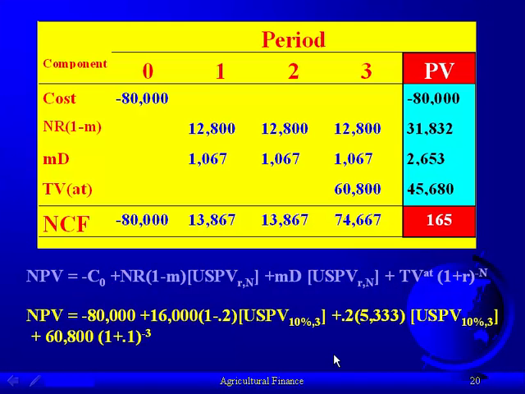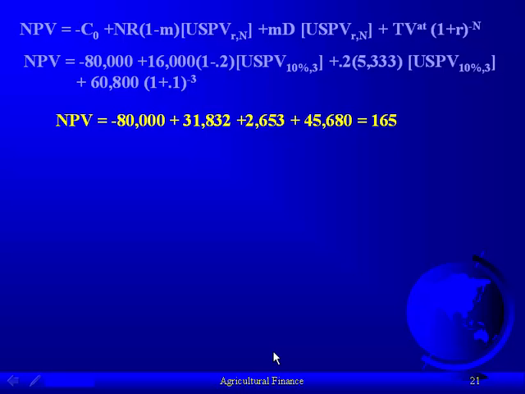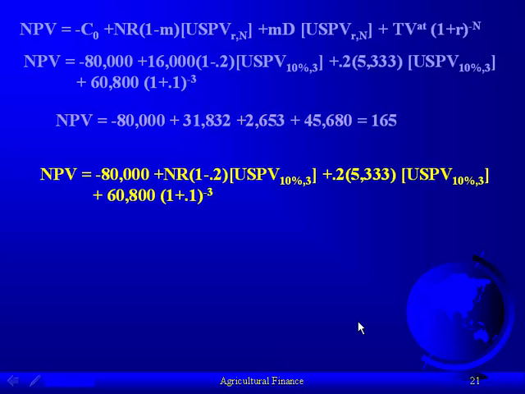When we calculated the net present value initially, we plugged in the numbers into this equation. We did the arithmetic, and the net present value was 165. I've repeated those equations at the top of this slide, and we've started again with each of the variables for the net present value.